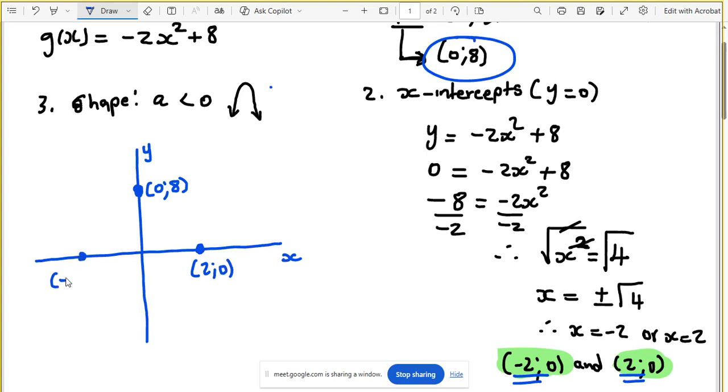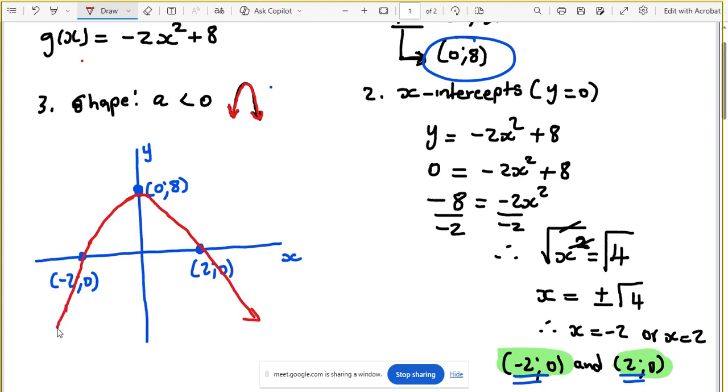Can you see? Plotting is very easy. Then the only thing that you can do now is to connect the dots, because you know the shape is that the graph will be concave down. So that's how the graph should look. It will move like this all the way to the turning point, and then it moves like this.